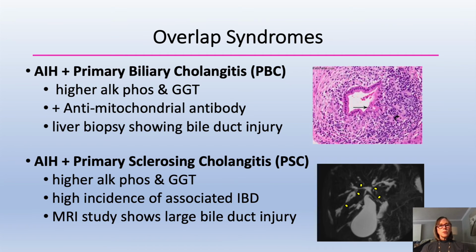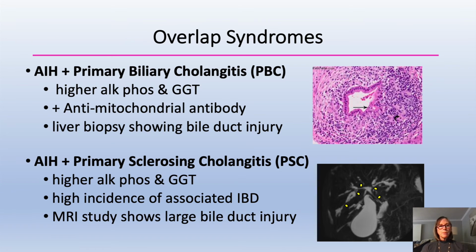In this overlap syndrome, these patients have more evidence of delayed bile flow based on symptoms such as itching, higher alkaline phosphatase, and GGT. These patients usually have an anti-mitochondrial antibody that is positive, and then to prove that you have overlap with PBC, you'll want to get the liver biopsy as shown on the right.